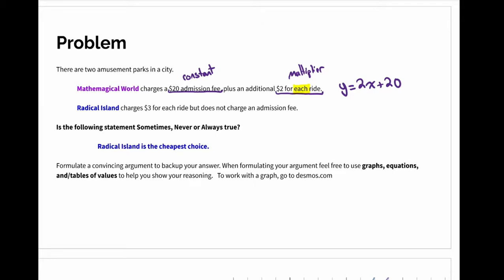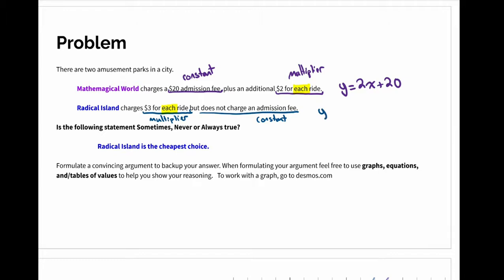Radical Island, the only thing we see here is that it charges $3 for each ride and does not charge an admission fee. Again, we see that word each, so that should indicate a multiplier. The admission charge, or the fact that they don't include an admission charge, talks to us about the constant.